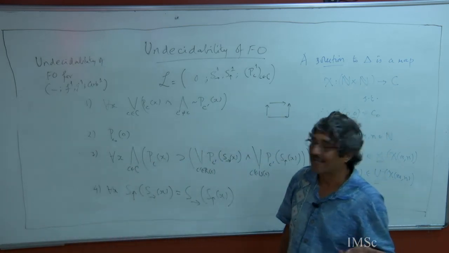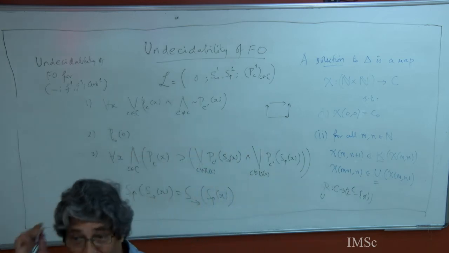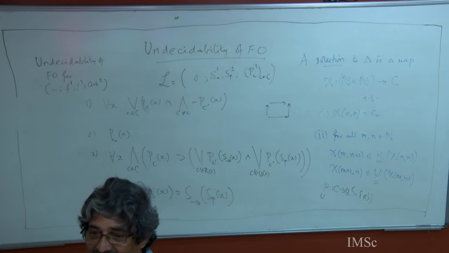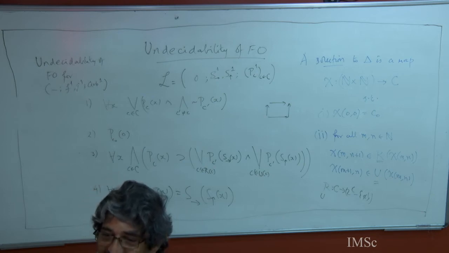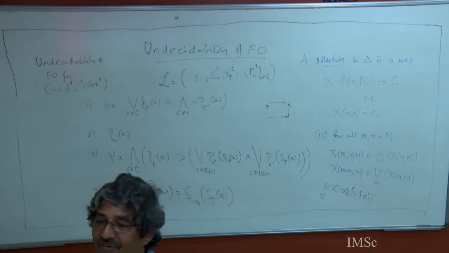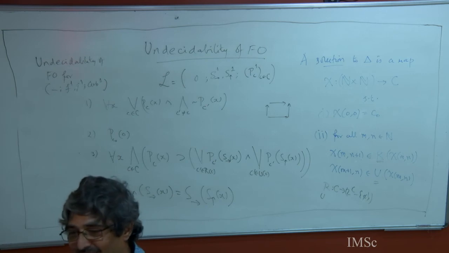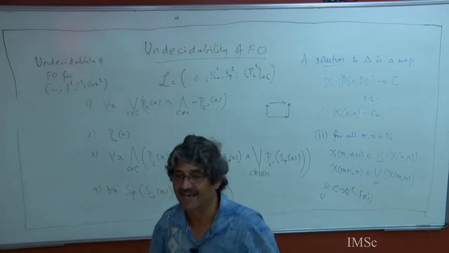Now, it turns out that whatever you do with unary functions, you can always do using binary relations, right? Because saying that a relation is a function in first order logic is very easy. You say for all x there exists y such that R x y, and then for all z if blah blah, we do it in class 11, right?